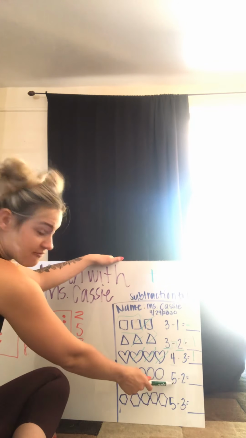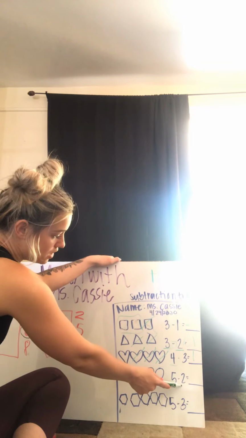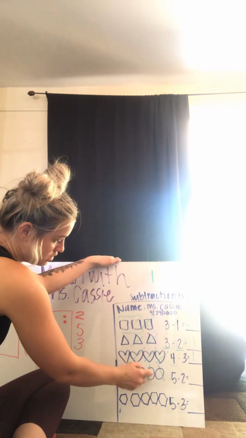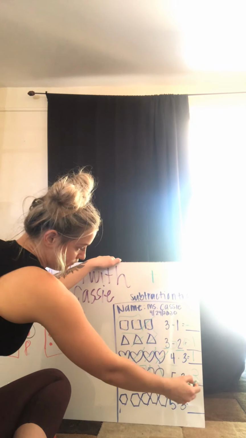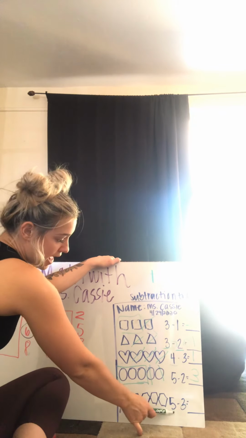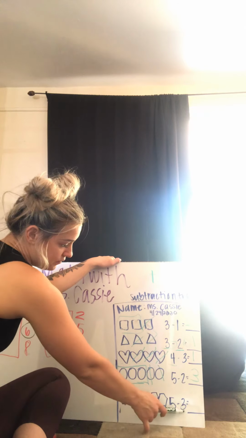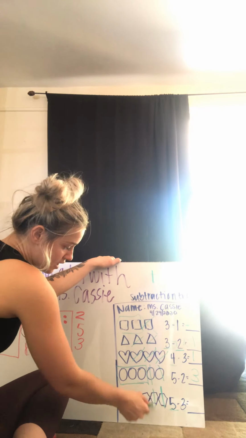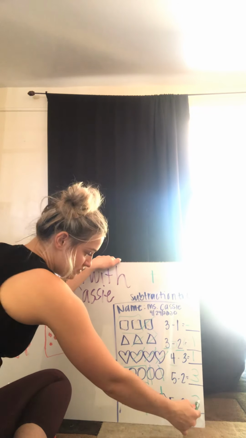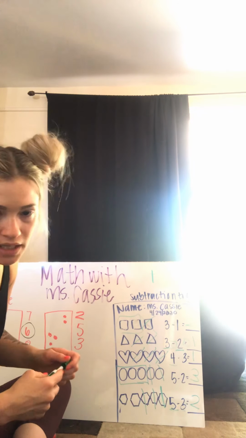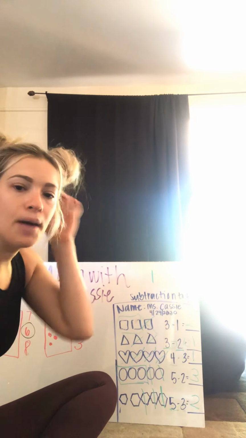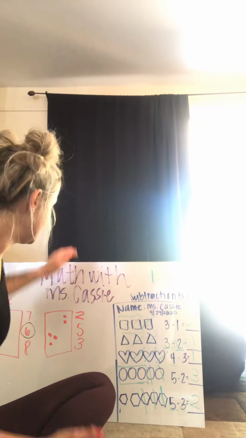So we have altogether 5, we take away 2, and we're left with 3. Lastly, again, we have 5 altogether, we're taking away 3, so we cross off 3, and we're left with how many we have left over. And we would do that a little bit slower in class, obviously, just as much as they can write. But that was just to show you exactly what we have.